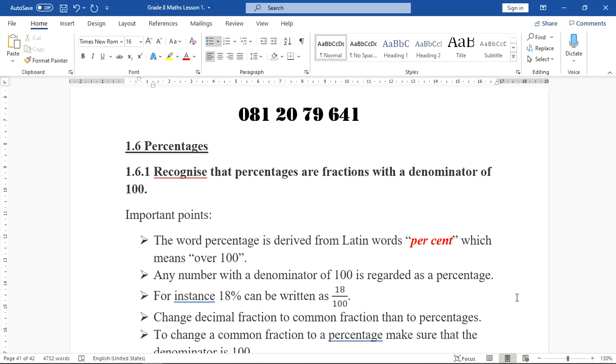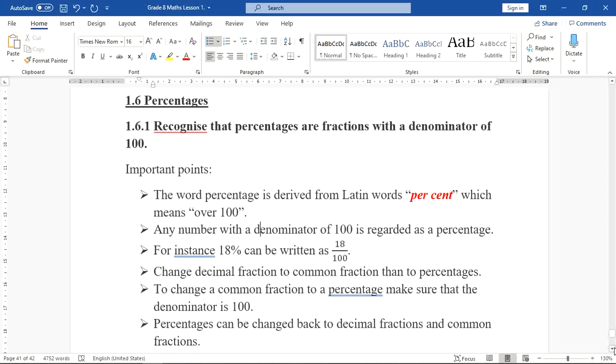In this video, I am going to show you how to change decimal fractions and also common fractions to percentages. And also I'm going to show you how to change percentages back to decimal and common fractions.